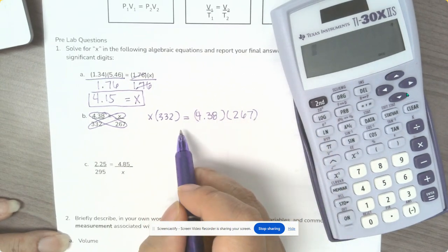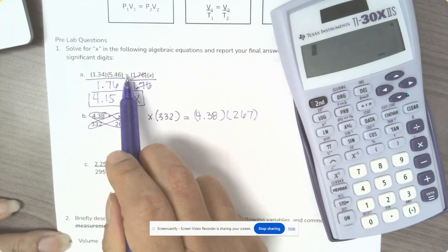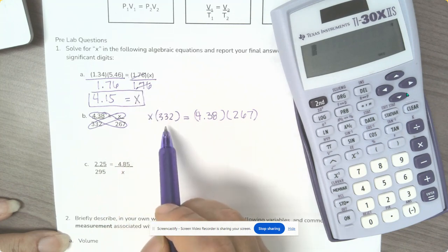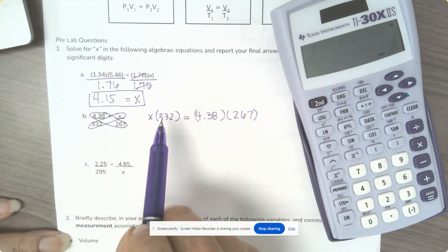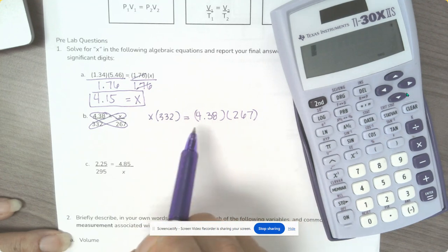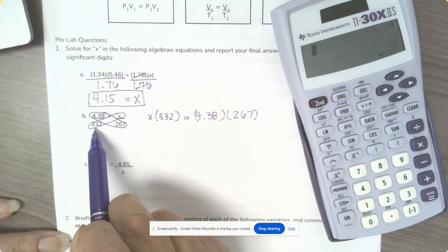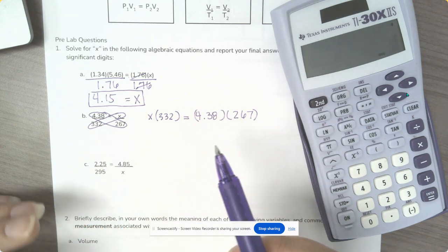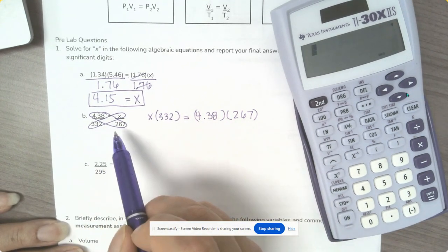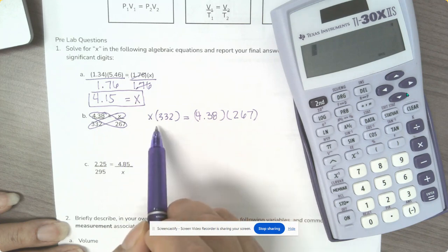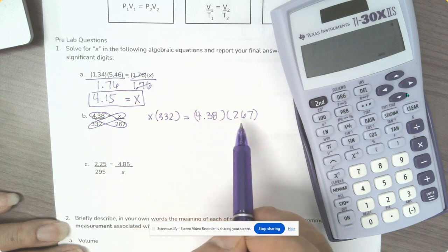And now it looks really closely to this equation that we had here. Okay, so I've just cross multiplied. And some of y'all might be like, why is she writing it out? Why doesn't she just multiply these two and divide by this? Well, this is what you're doing when you just cross multiply and divide. You're setting up a new equation.